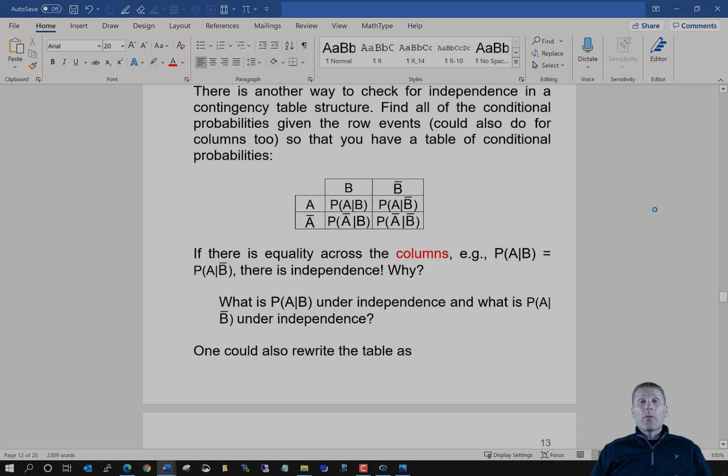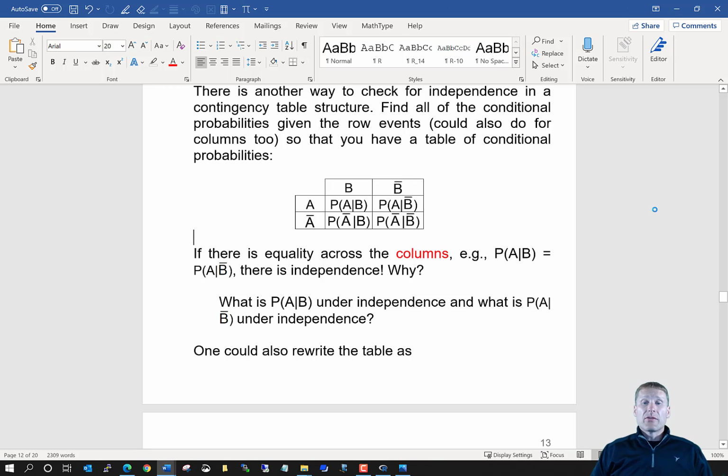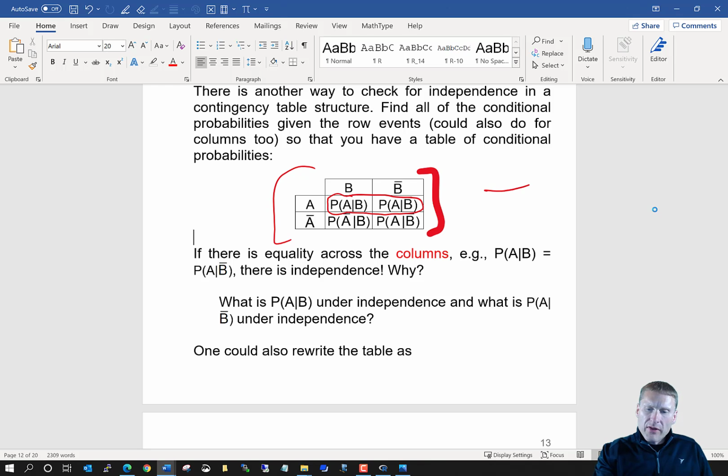Now, there's another way that you can check for independence in terms of a contingency table structure. We can write our contingency table out so that now it represents conditional probabilities. And if we have equality of these conditional probabilities across the columns, then we have independence.